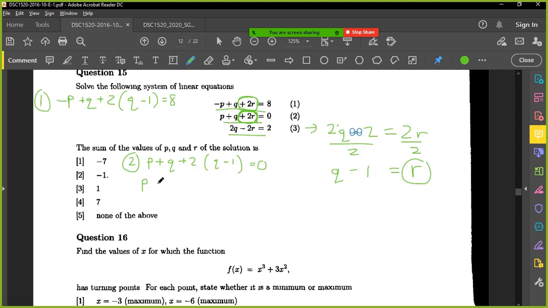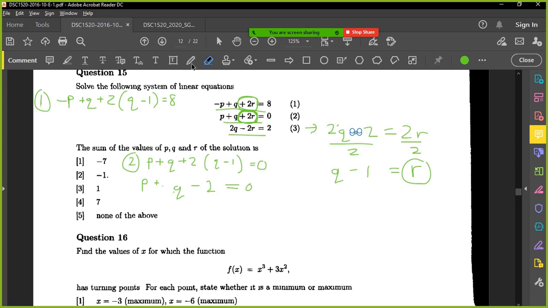So P plus that will become 2Q plus Q, so that will become 3Q, and plus 2 minus 1, so that will become minus 2, equals 0. Perfect.